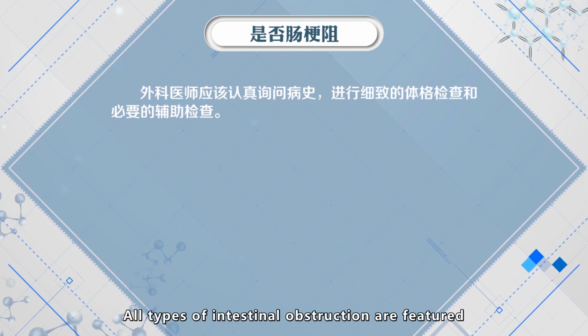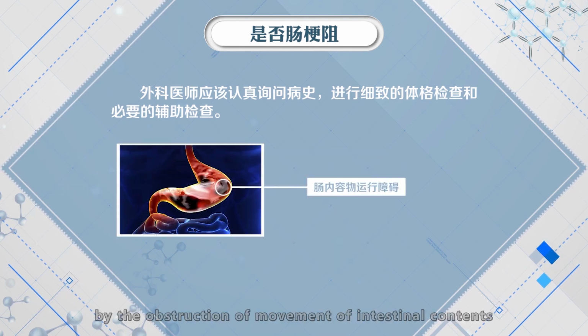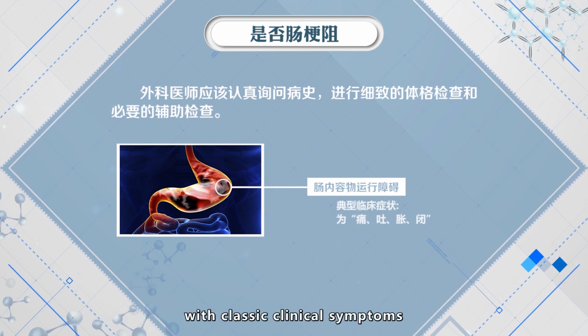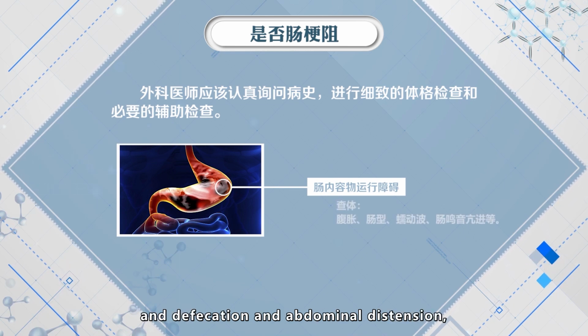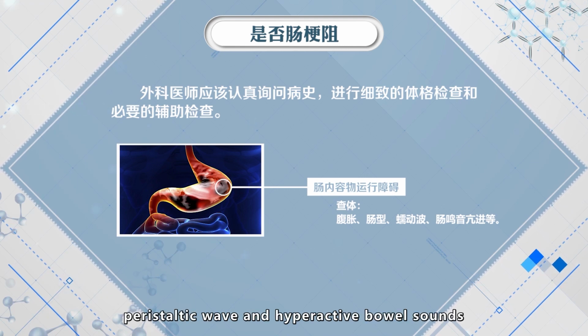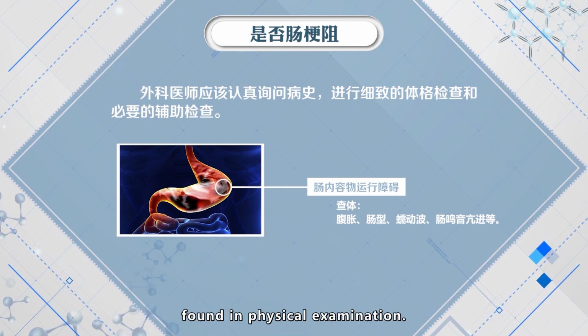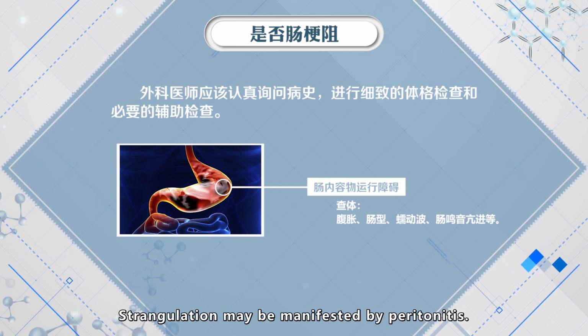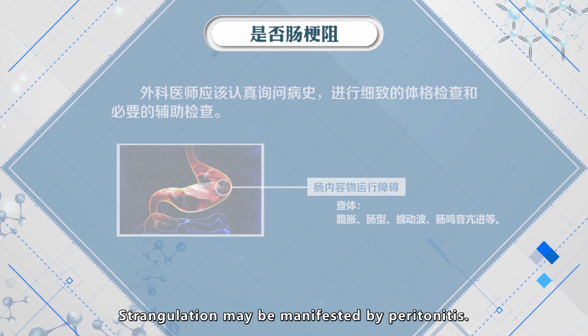All types of intestinal obstruction are featured by the obstruction of movement of intestinal contents with classic clinical symptoms, including abdominal pain, abdominal distension, vomiting, and stop of flatus and defecation, and abdominal distension, visible peristalsis, peristaltic waves, and hyperactive bowel sounds found in physical examination. Strangulation may be manifested by peritonitis.